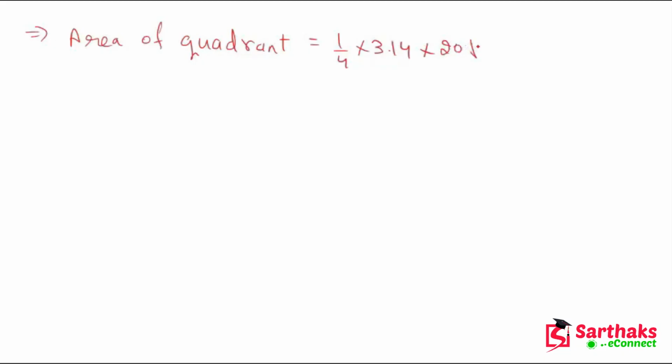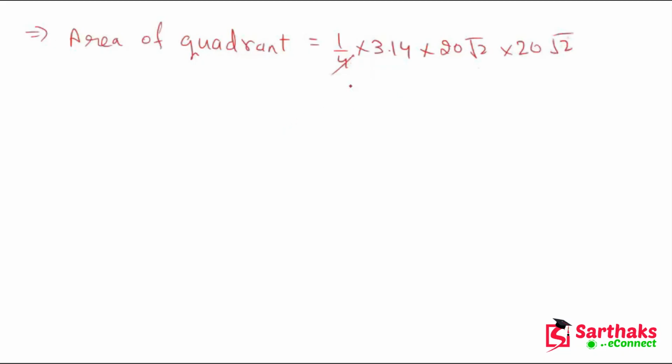Now if we solve this, we have area of quadrant is 1 upon 4 into 3.14 into 20 root 2 into 20 root 2.